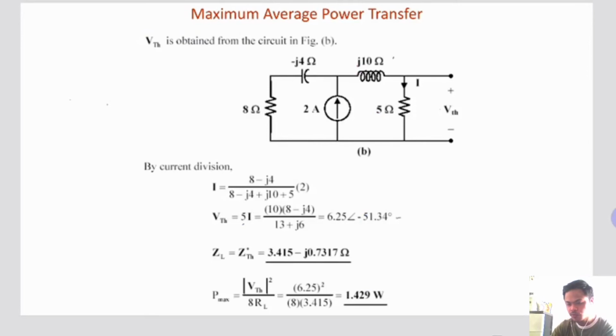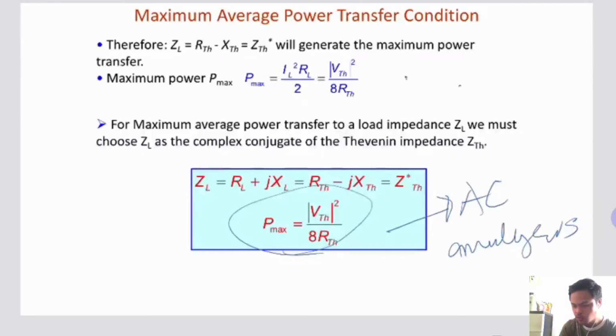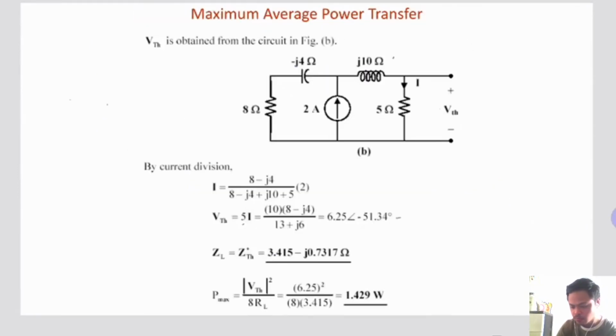To determine the maximum average power transfer, we need to compute the voltage as well, the voltage across that load. Here we will apply current division because we need to compute the voltage across the 5 ohm resistor, which is in parallel with that load.